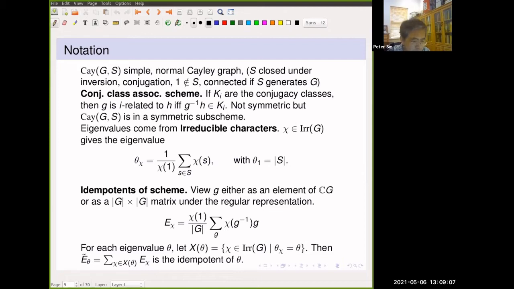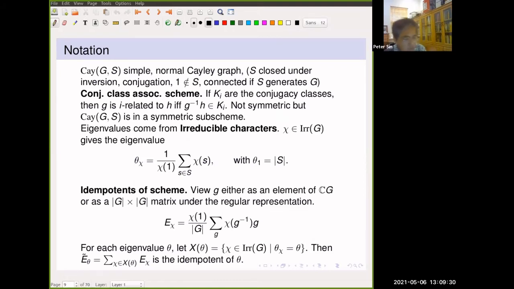Then it would be a matrix in that association scheme, by applying the regular representation of the group. Sometimes there are advantages to viewing it one way, and sometimes there are advantages to viewing it the other way. So it's good to keep both points of view in mind, as we'll see in a little bit.